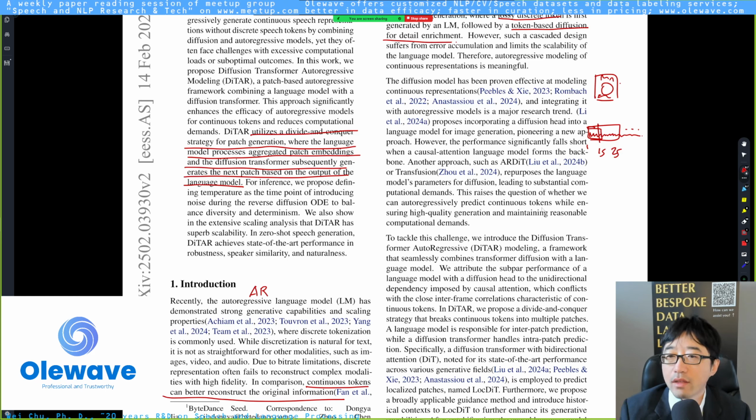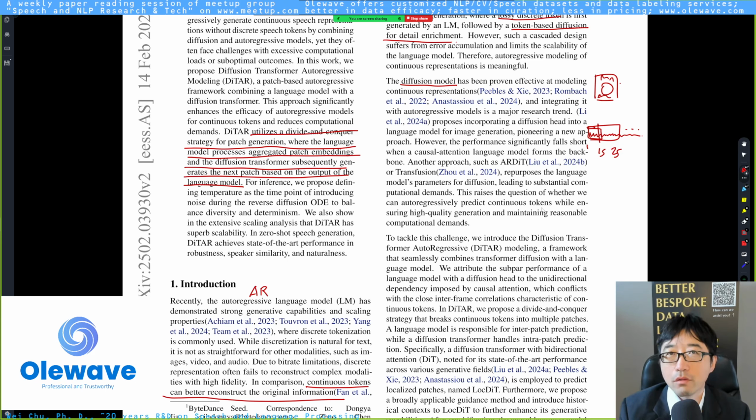So this is why they want to say, okay, I want to use a diffusion model, but a diffusion model by itself cannot handle the non-causal input, or attention. And how can I use autoregressive modeling?